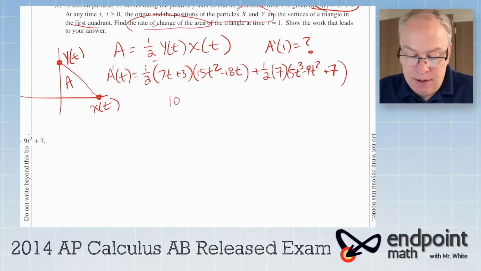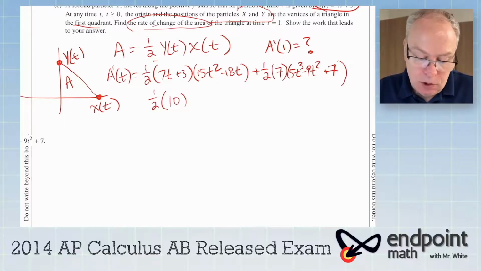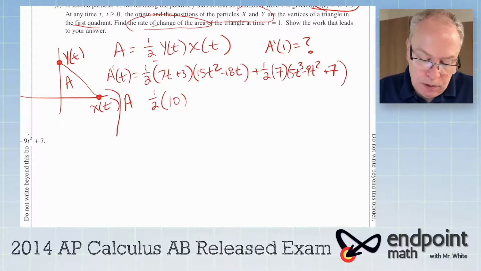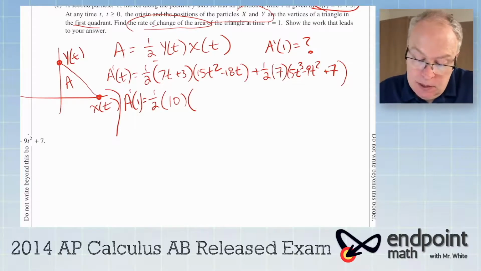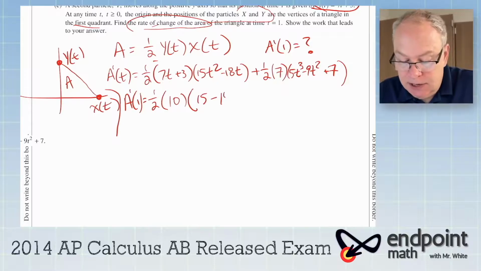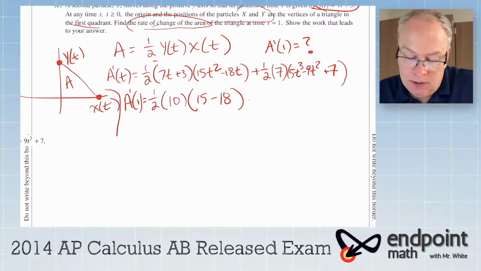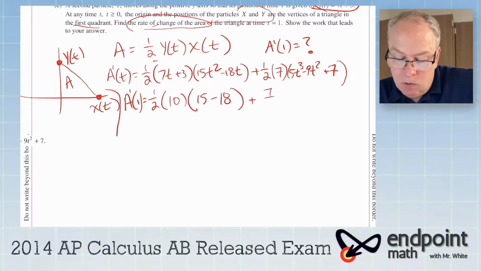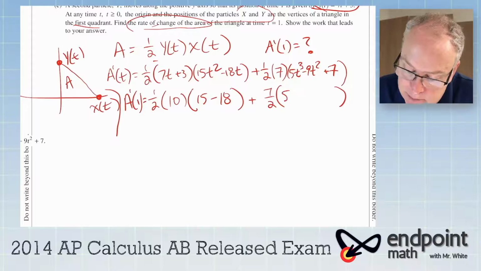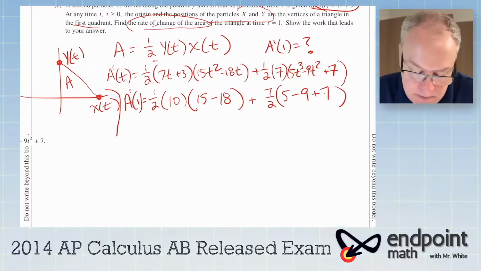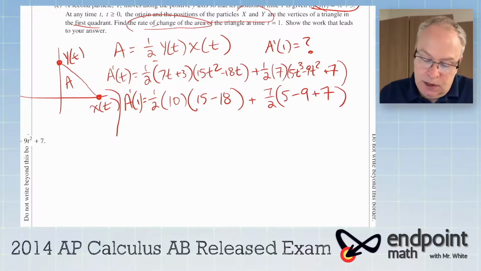So we get 10 times, so a prime of 1 equals 1/2 times 10 times 15 minus 18. See, they chose the number 1 because it ends up working out relatively well, times, and then we have 5 minus 9 plus 7. So this is 15 here.